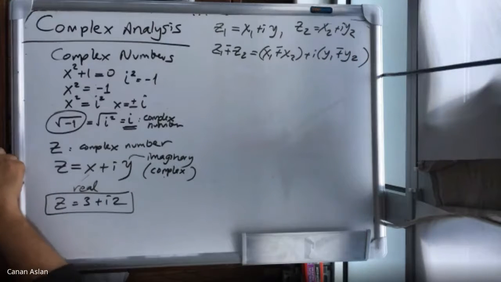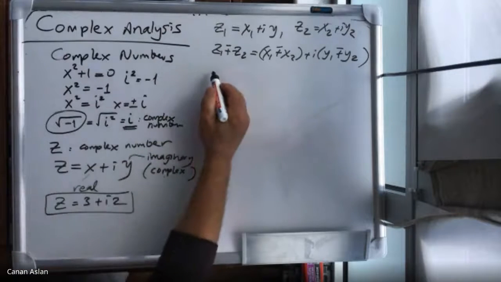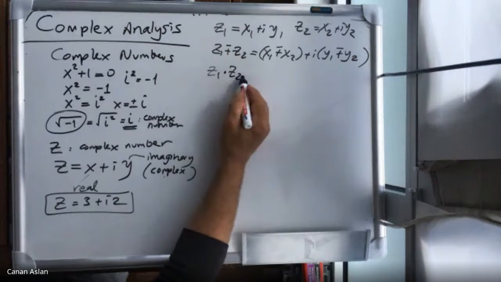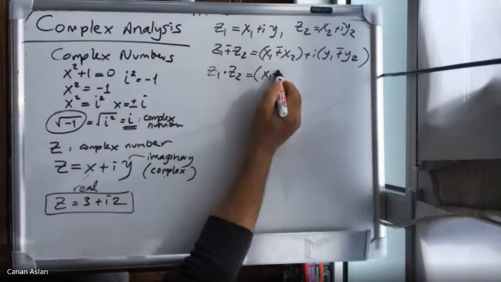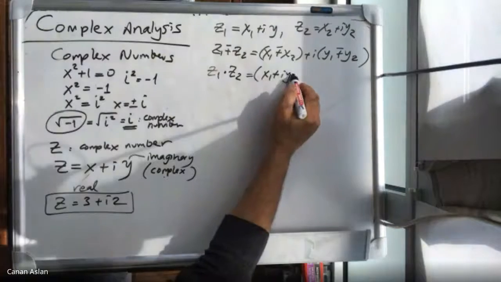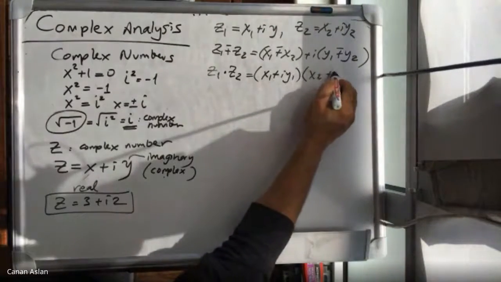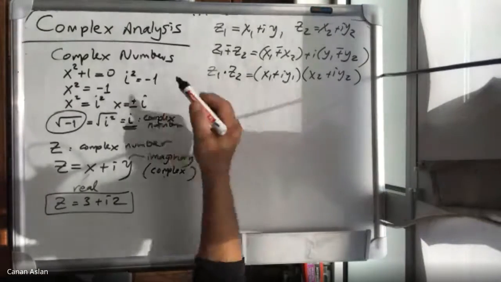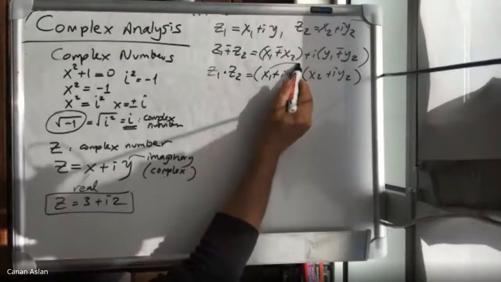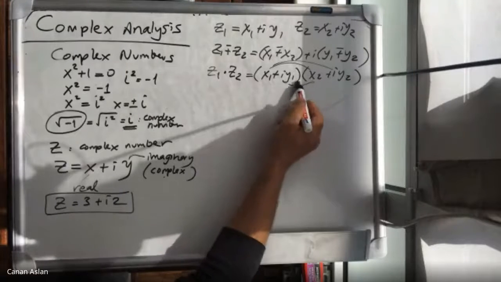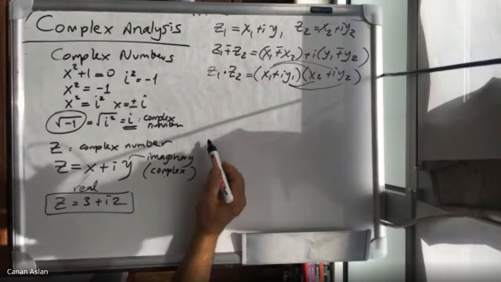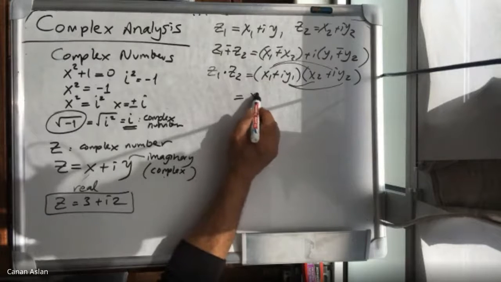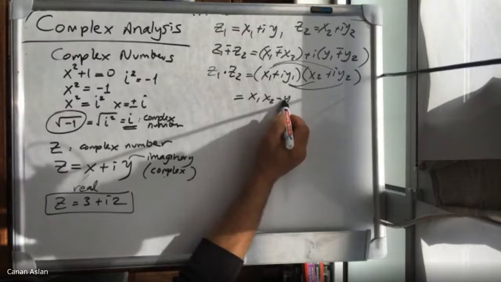So the product between the two complex numbers z1 and z2 is just the product of x1 plus i y1 times x2 plus i y2, and you have to do regular multiplication, multiplying this one and that, and then this one and this one. So basically we will have 4 terms, and the result will be x1 x2 minus y1 y2.